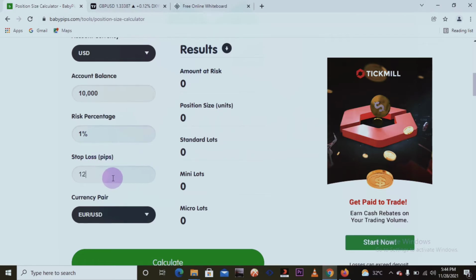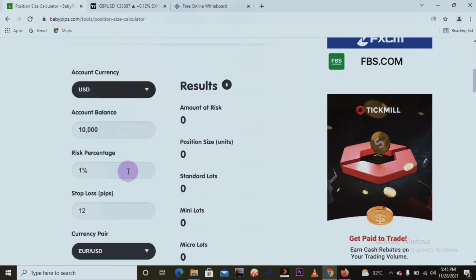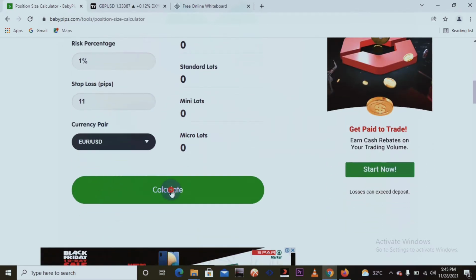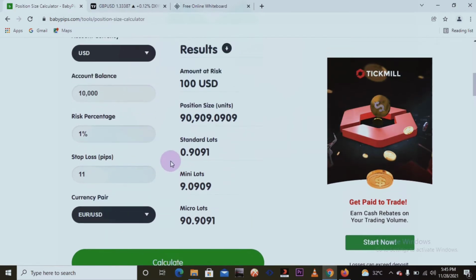This is determined by your trading strategy, so I'm just giving an example. If my trading strategy says that a minimum of 12 pips is what I should use as stop loss, then that is what I'm entering: 12 pips as stop loss. What's the currency pair? EUR/USD, or any other currency that you are trading. $10,000 account balance, risk percentage 1%, stop loss 12 pips. Then I click on this and it's going to show me the position I'm supposed to take.